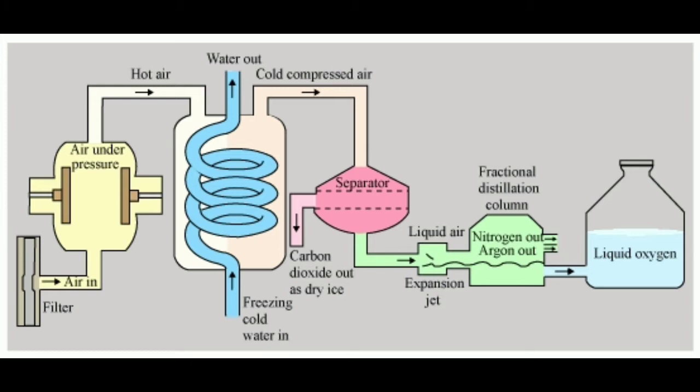And the hot air is passed through another chamber where there is a water outlet in order to cool it. And this cooled air, that is liquid air, is passed to another chamber called fractional distillation column, where it warms up slowly and gets separated into gases at different heights depending upon their boiling points.